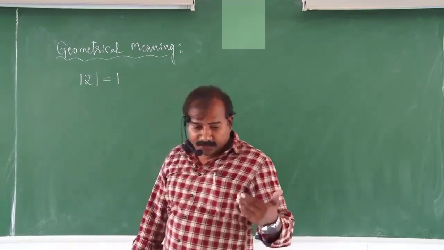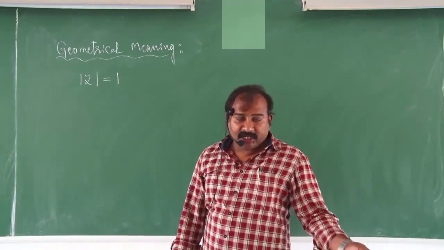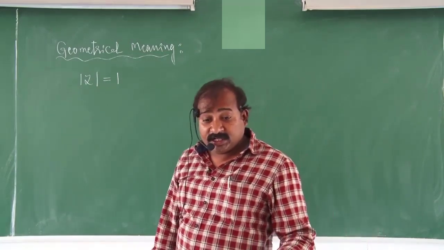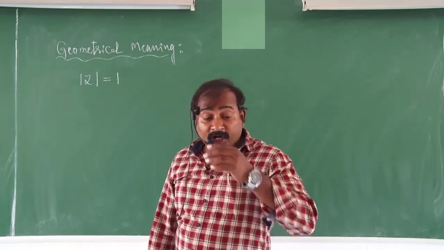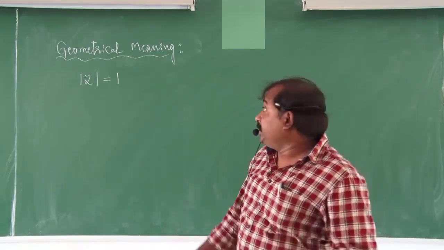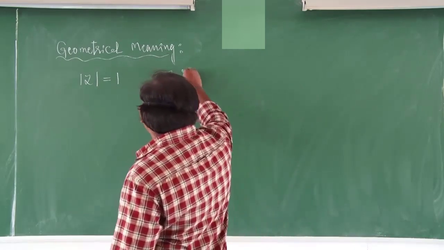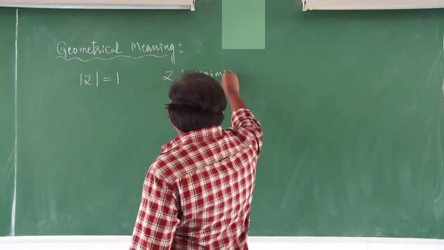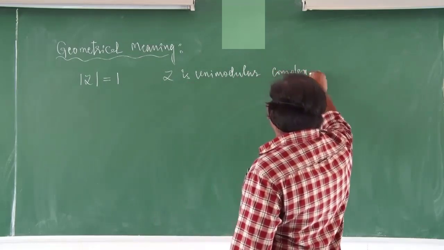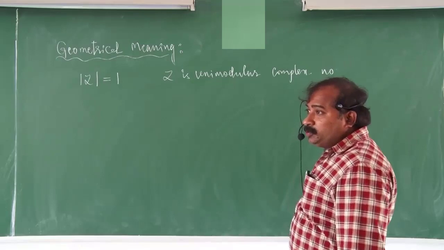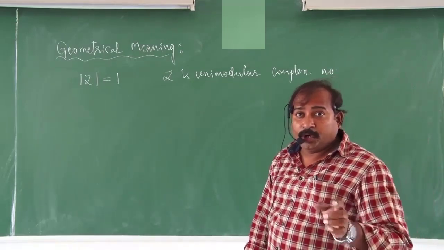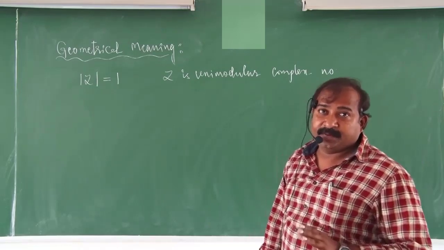When we are doing a few bits, they will give z is a complex number and mod z is equal to 1, or sometimes they will mention z is a unimodular complex number.